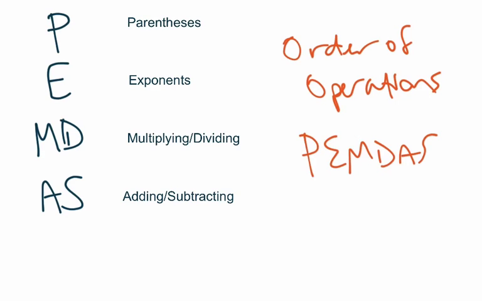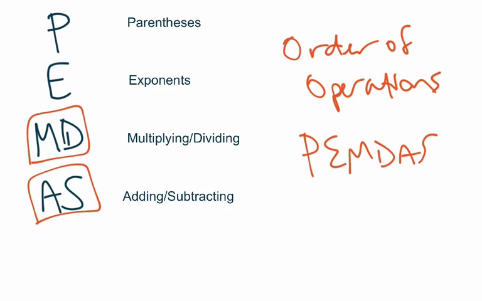What it really means is the P stands for parentheses, E for exponents. The thing that I think most kids get confused about is that you can do division before multiplication. It matters only to the extent that you do them in the order of the problem. And the same thing is true with addition and subtraction.